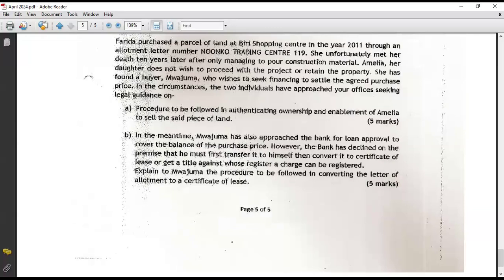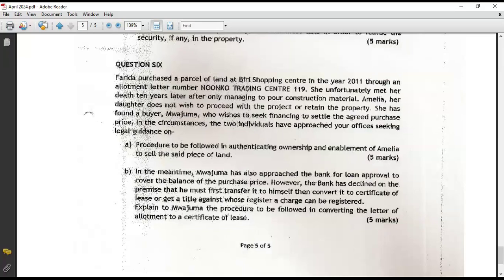Then survey and subdivision, as we have talked. Of course, there may be a sale agreement between the company and her. And then issuance of the title deed. Yeah. So if you arrange those in points form, you get your 5 marks.